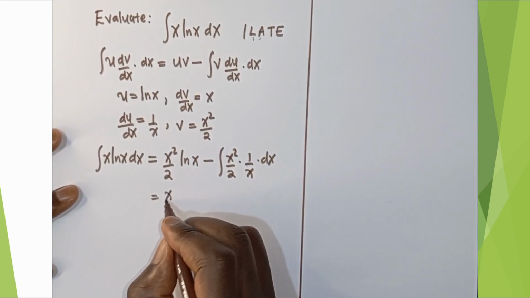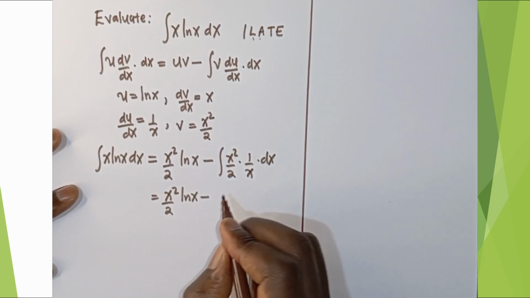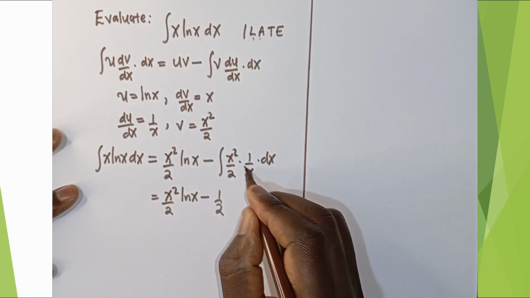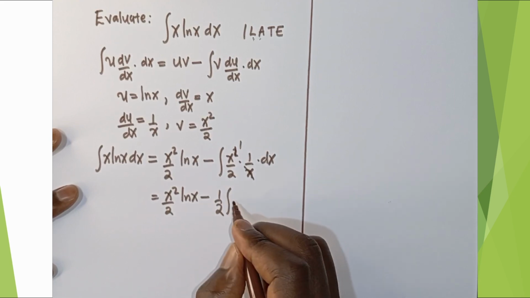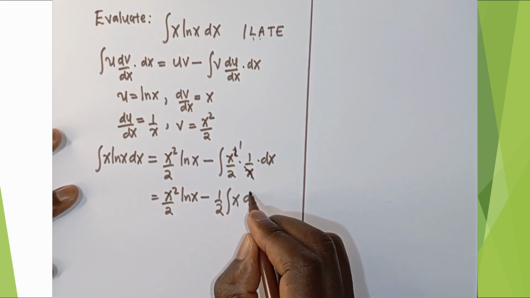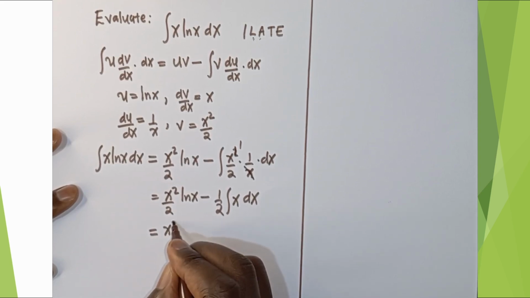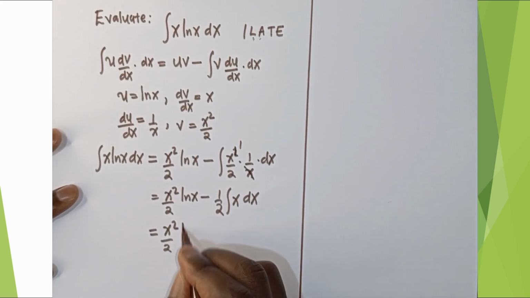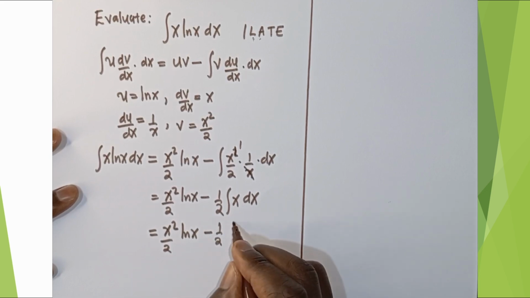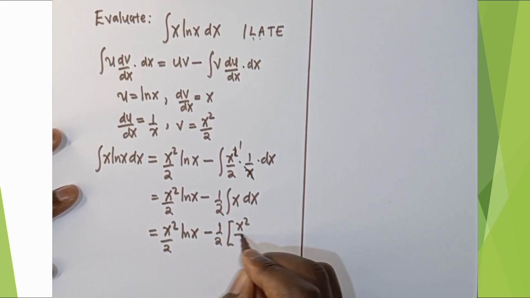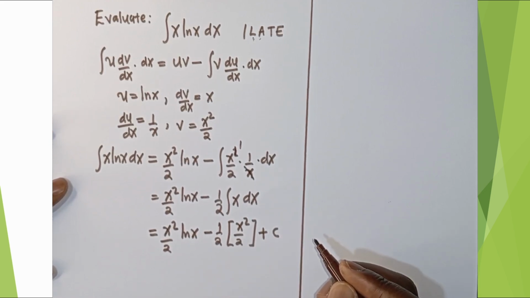Rewriting it better, we have x squared out of 2 ln x minus 1 out of 2. One of the x's goes, so we remain with 1 out of 2 times the integral of x dx. Now when we integrate, we shall have x squared out of 2 ln x minus a half times x squared out of 2, plus c.